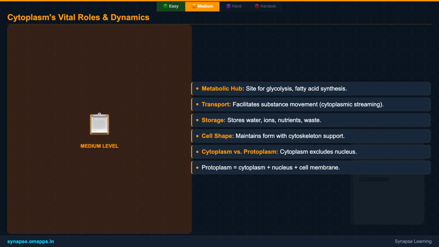And importantly, it helps maintain cell shape and support, along with the cytoskeleton. Remember, protoplasm is the entire living cell content, including the nucleus and membrane, while cytoplasm specifically excludes the nucleus. This dynamic environment is always in motion, ensuring efficient cellular function.